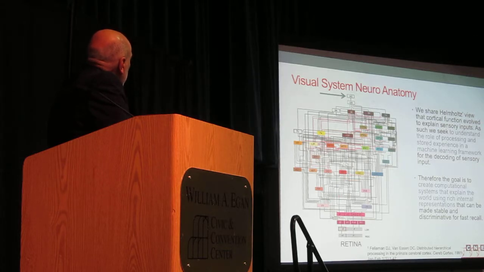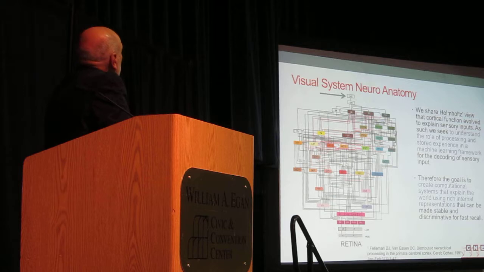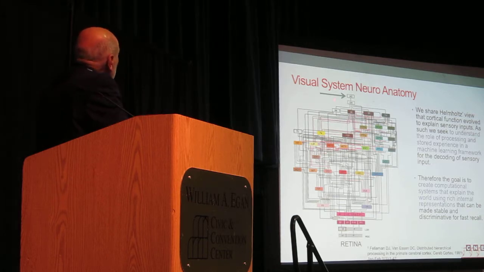As you can see, this is a diagram from Van Essen, where you see that the light comes from the world to the retina. You have V1, and then you have this interconnected, distributed, hierarchical, almost fully connected circuitry that processes the visual information, and then this information is sent to the entorhinal cortex, and then ends up in the hippocampus.